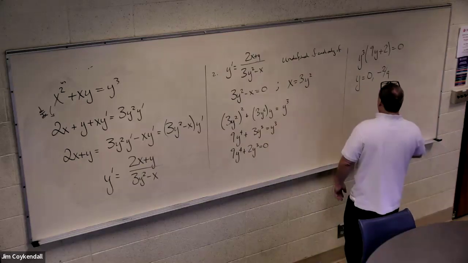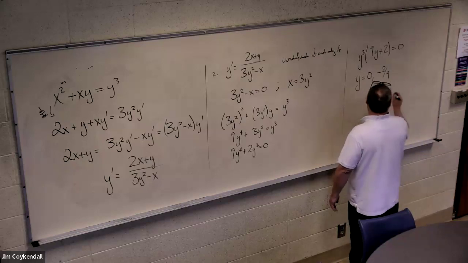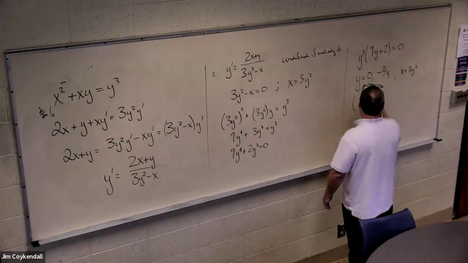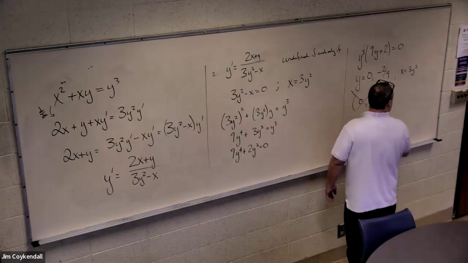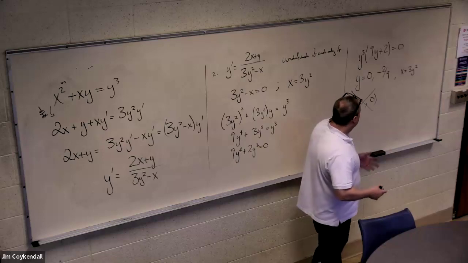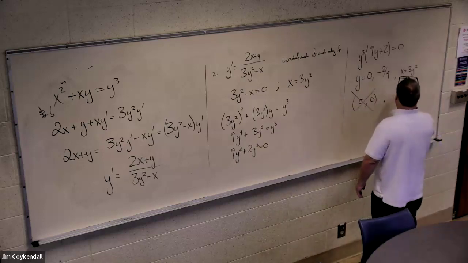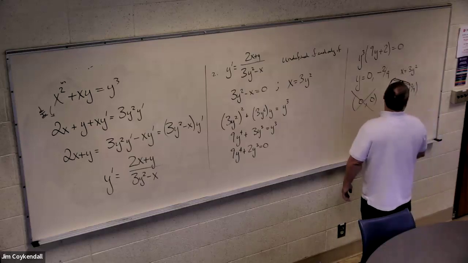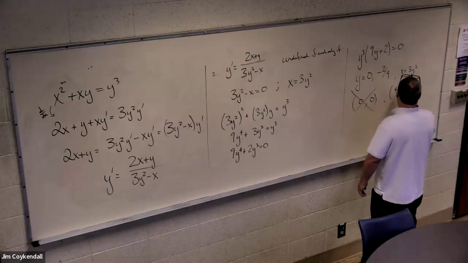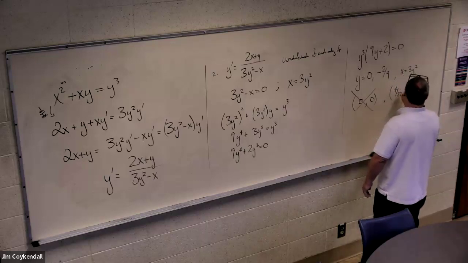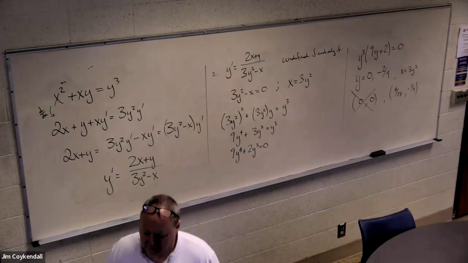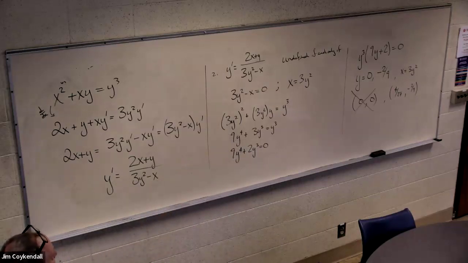So what points does this give? x is 3y squared, so if the y coordinate is 0, then x is 0, and this is the one I said that shows up with both the numerator and the denominator 0. And the y coordinate is minus 2/9. Square that, multiply by 3, get the x coordinate. Check that point is on the curve.